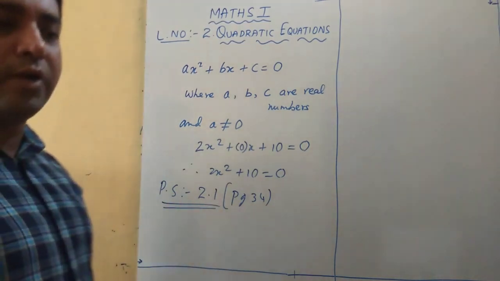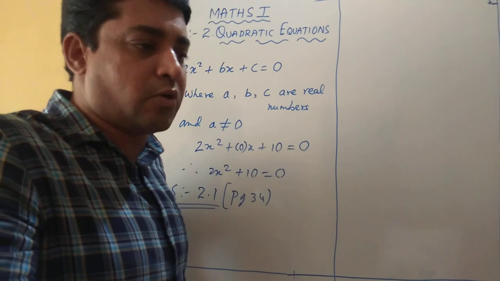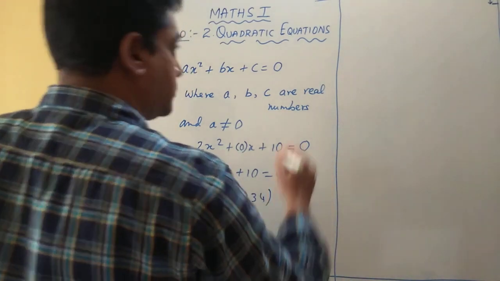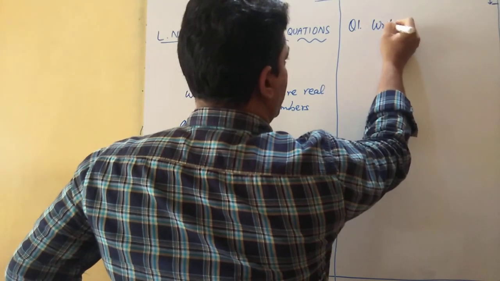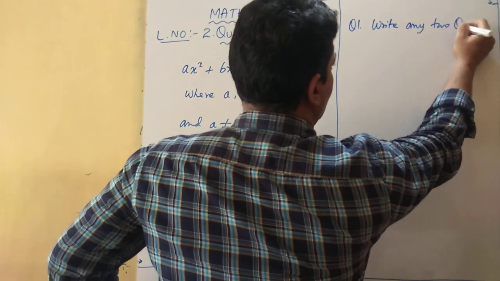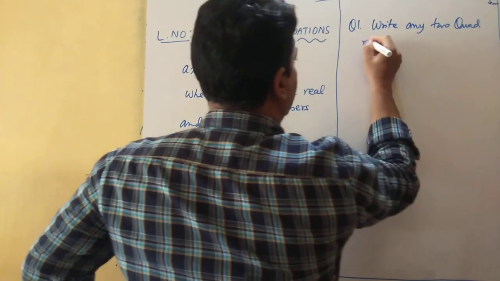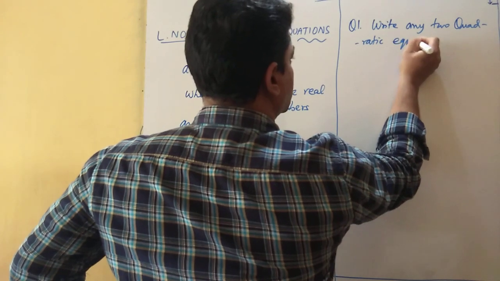Okay, it is an open-ended question. Why? Let's read the question. Write any two quadratic equations. Write it here. Question number 1. Write any two quadratic equations.